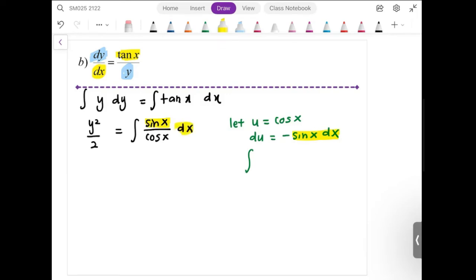But then we have an extra negative there, so it becomes negative du. So, I put the negative outside. Negative du. Cos x we let be u, so it will be 1 over u. Integrating this out, we get negative ln u. Don't forget to replace it back. So we finally get negative ln of cos x.